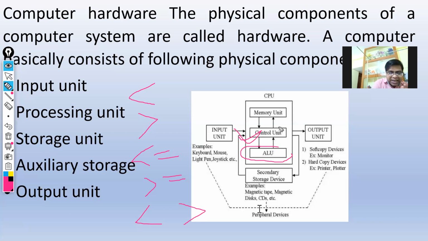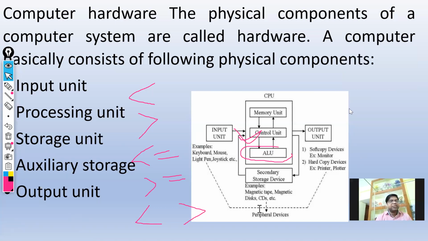It is then interpreted there, and then signals are sent to other components to perform the necessary action. The next instruction is then selected, interpreted, and executed. This continues till all the instructions are processed.